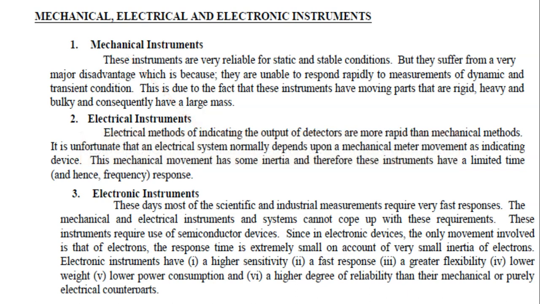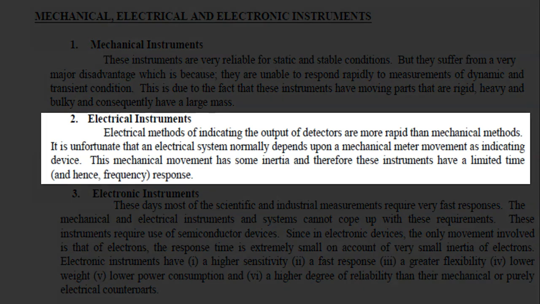Electrical instruments: when you are passing current, due to the passage of current you get the output deflection, so you are able to measure the quantity that you need to measure. This comes under electrical instruments. What is the difference between electrical and electronic instruments?